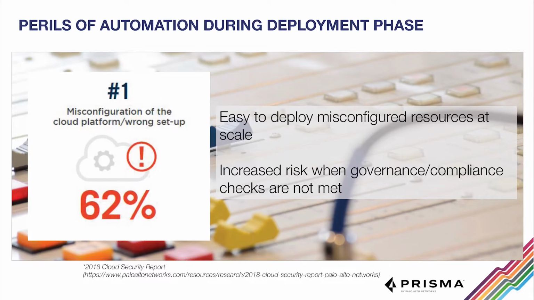All right, the perils of automation during deployment is the next banner. Misconfiguration is something out of the study, with 62%, where we see a strong trend. This is the fear of most of our customers and interviewed people, that something is in there that can happen. Nobody knows everything.